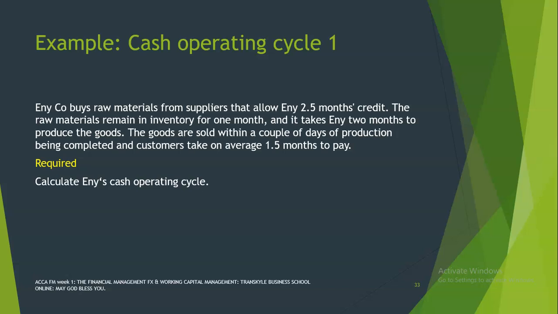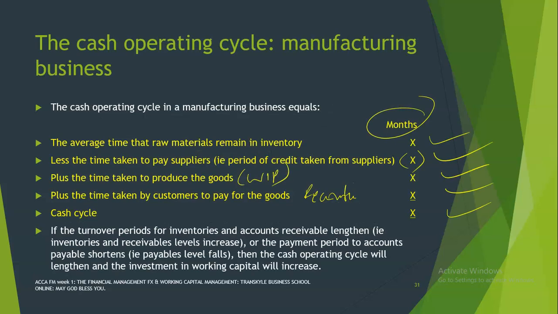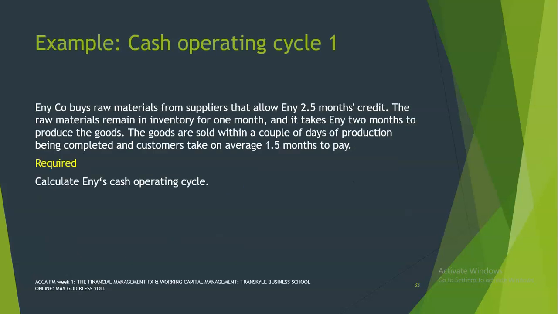So we have our formula, ladies and gentlemen. This is the formula page, as you can see there. And Any is a manufacturing business, so this makes our life easier. Let's start with the average time. We can ignore the statement that the goods are sold within a couple of days of production being completed.